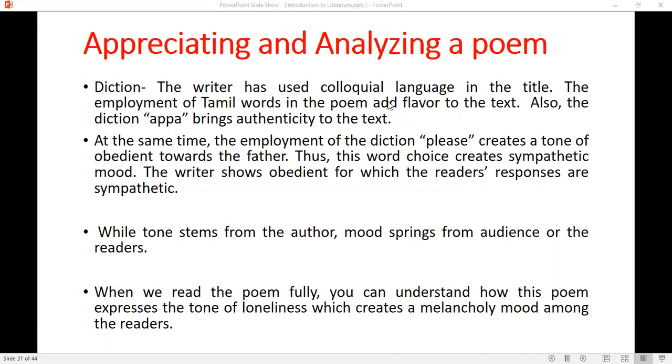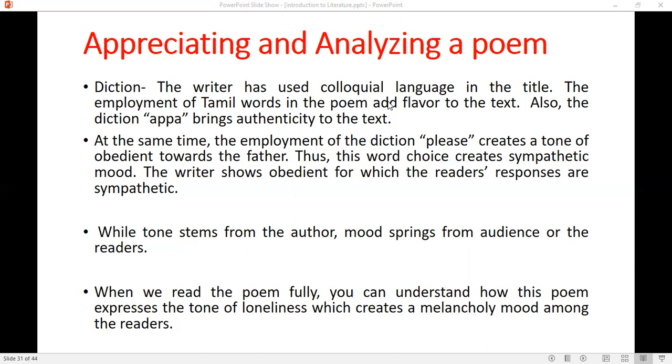Diction. The writer has used colloquial language in the title. The employment of Tamil words in the poem adds flavor to the text, maybe Sri Lankan flavor. Also, the diction Appa brings authenticity to the text.